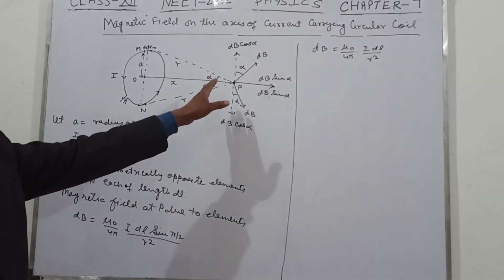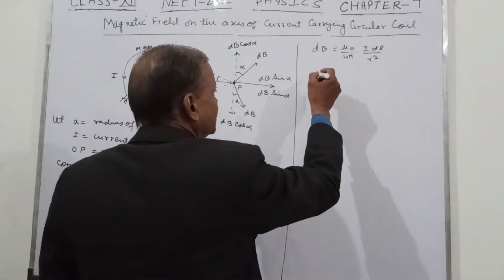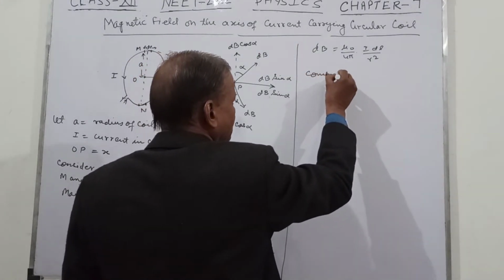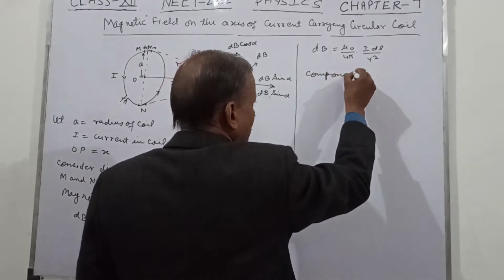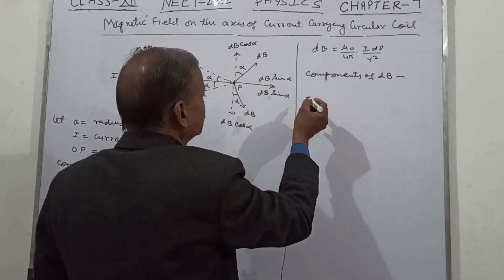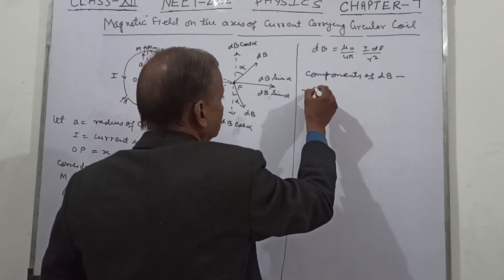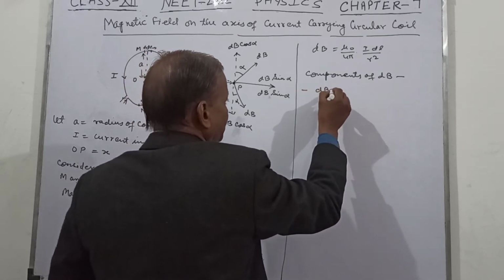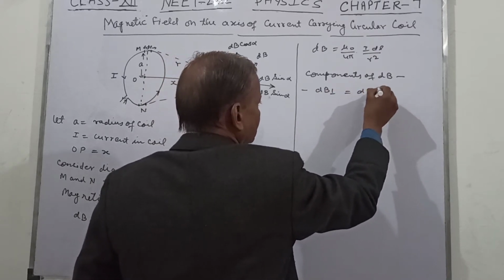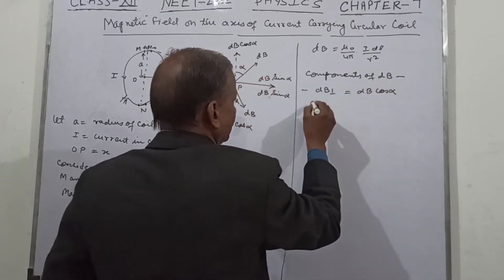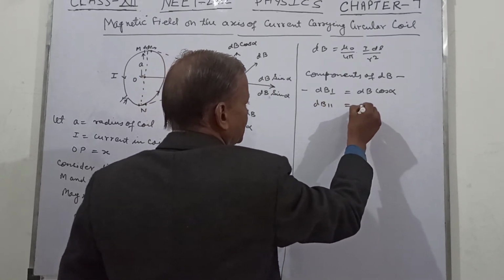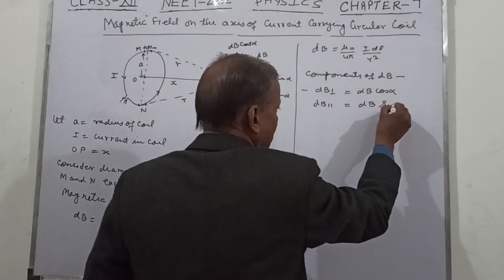So you can have the components of dB. So this is now your dB perpendicular, this is your dB cos alpha, and this dB parallel is now your dB sin alpha.